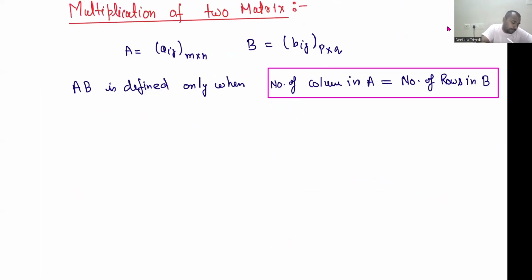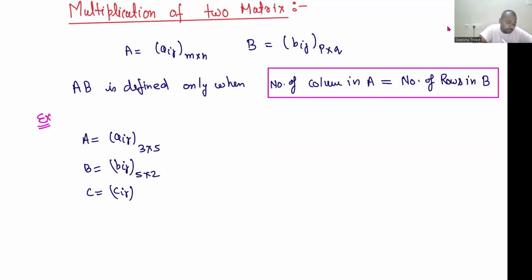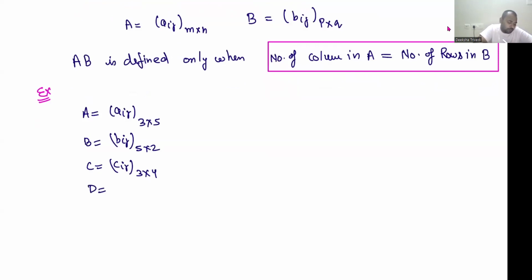जैसे for example मैं कहूं कि A मैट्रिक्स है aij of order 3 cross 5, और B मैट्रिक्स है bij of order 5 cross 2, C मैट्रिक्स है cij of order 3 cross 4, और D मैट्रिक्स है dij of order 2 cross 3.